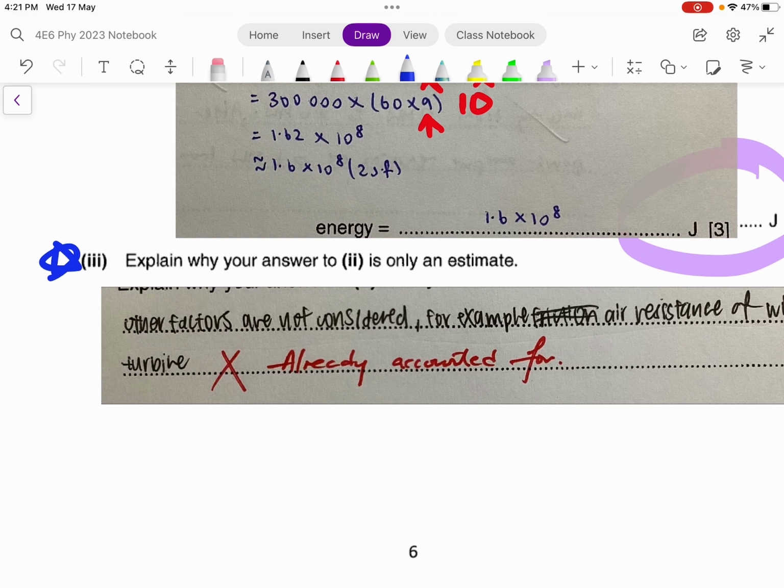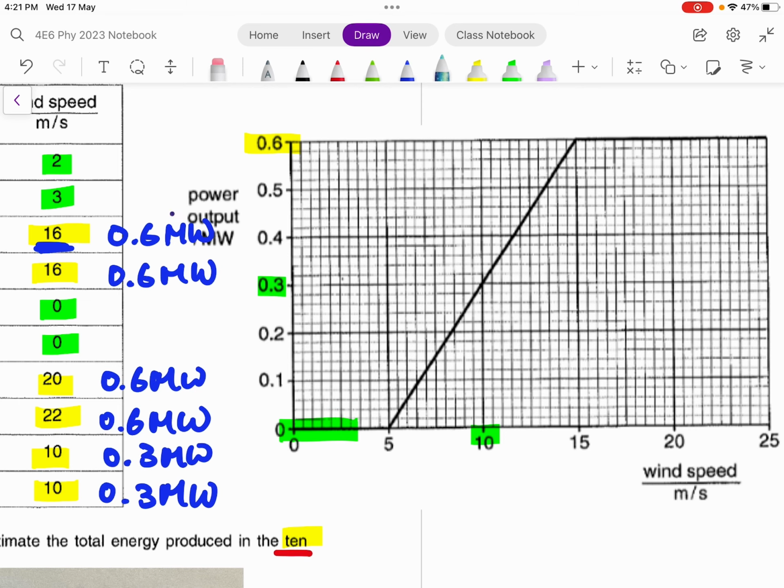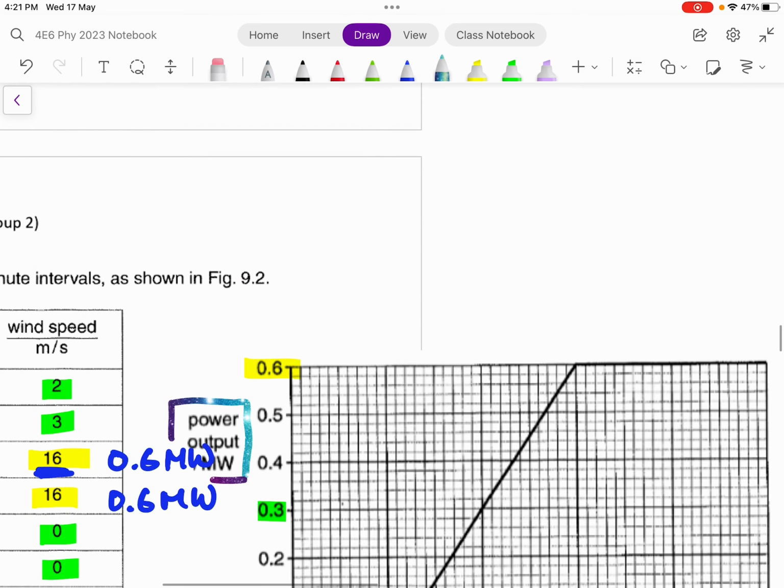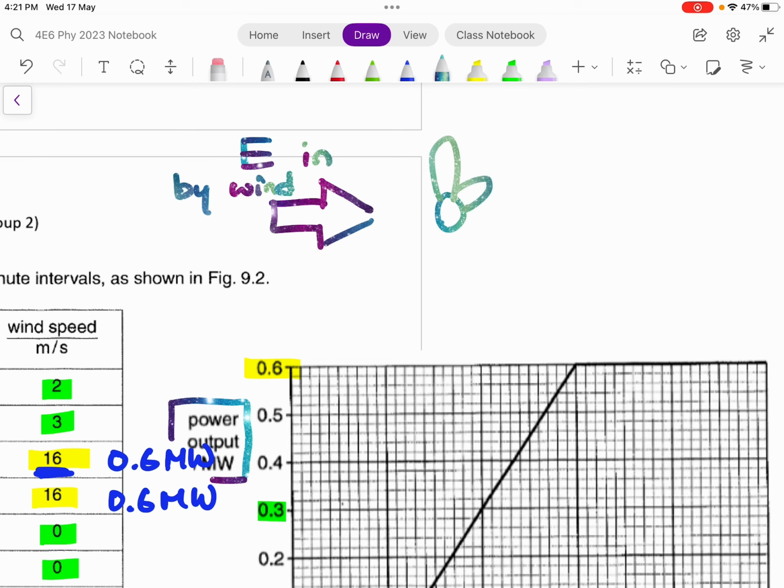Heat loss. No. Heat loss is already accounted for because this thing measures what? These things already measure the power output. What does this mean? Well, the energy from the wind is your energy in. It goes into your wind turbine that looks like a flower, right?